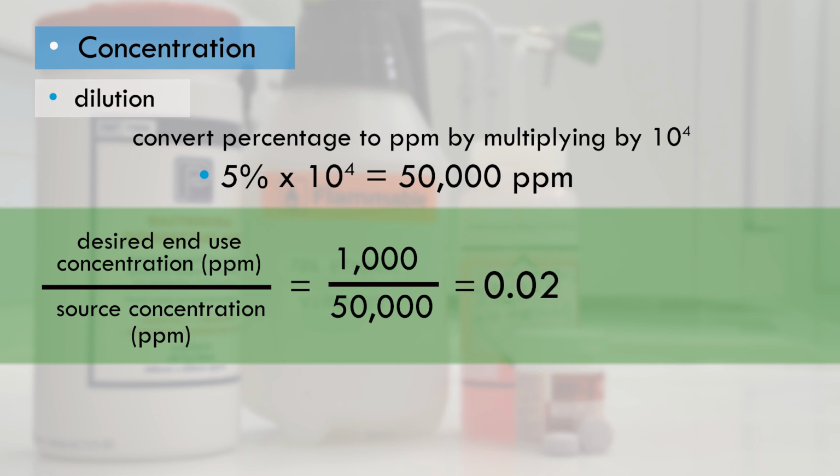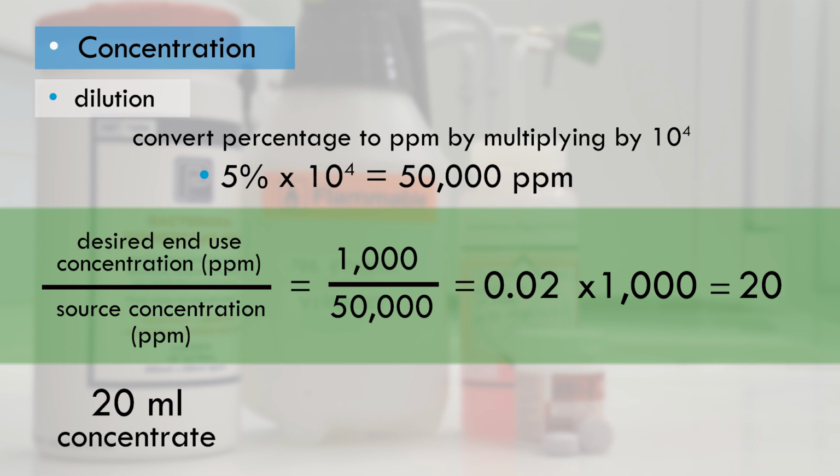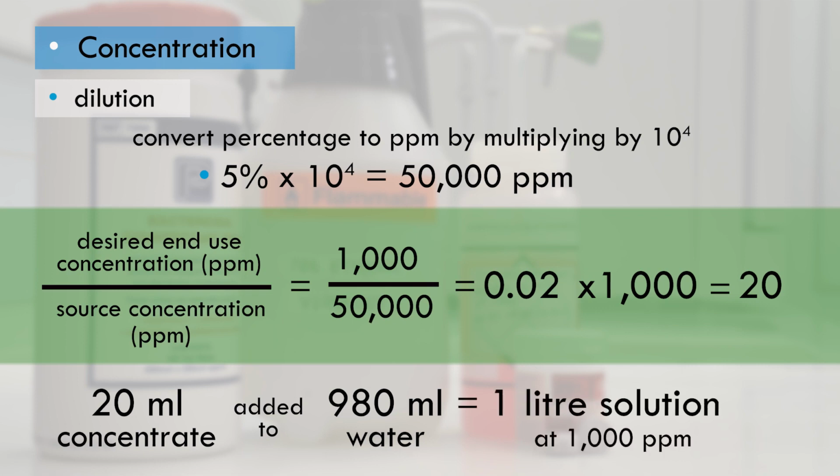We then need to multiply this by 1,000 to give the figure in milliliters. 0.02 times 1,000 equals 20. So we need to add 20 milliliters of the concentrate to 980 milliliters of clean water to give us our 1 liter with a concentration of 1,000 parts per million.